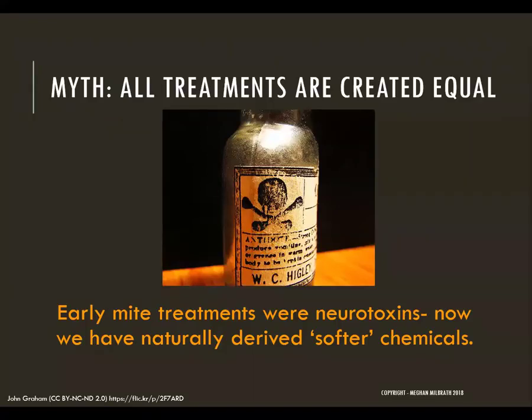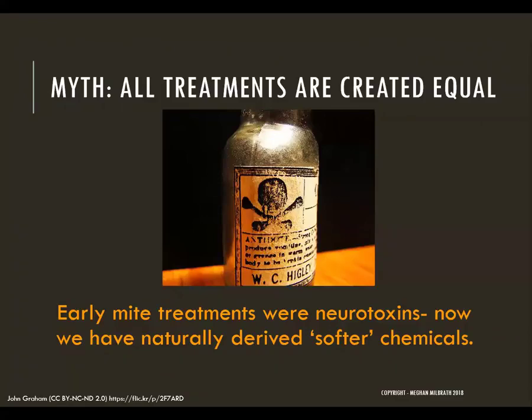And the ones that I'm going to cover here are naturally derived chemicals. I use the term softer. Some people hate the term softer because, I mean, if you use formic acid, you can make an acid as strongly as you want. But really what happened is when we first developed these miticides, people started to realize that they didn't want these things in their hives, and they wanted things that were naturally derived and that didn't build up in the wax and that were safer for us to use. And the industry really listened, and they started to come out with these naturally derived treatments.